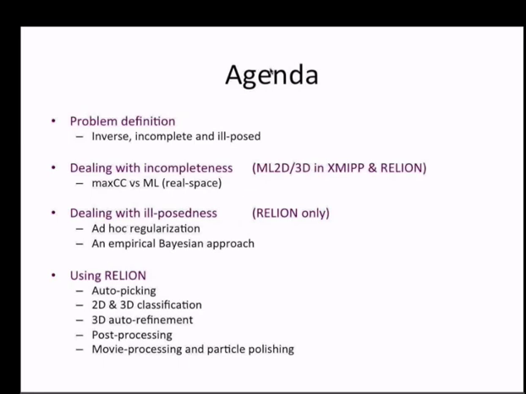So those two aspects are incompleteness and ill-postedness. The incompleteness is the maximum likelihood part of Relion. Similar approaches were used previously in ML 2D and 3D approaches in XMIPP. The ill-postedness part of the problem is specifically relevant for Relion, so that's new compared to the XMIPP approaches.